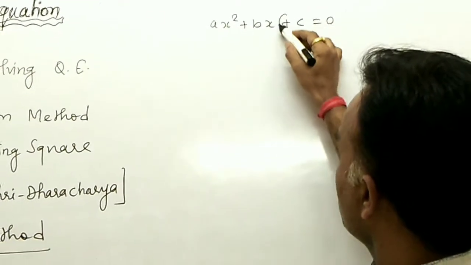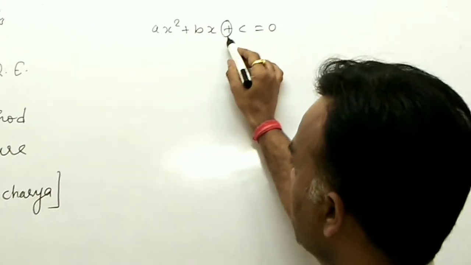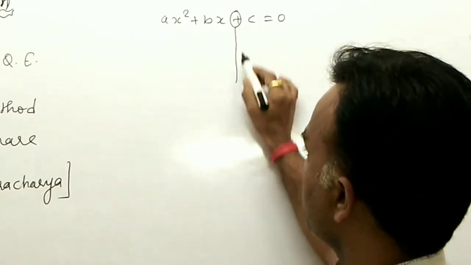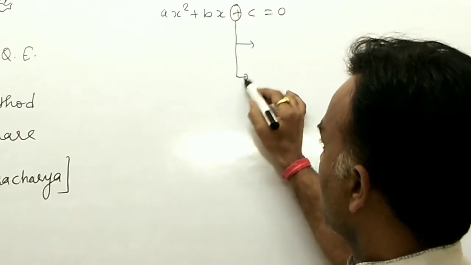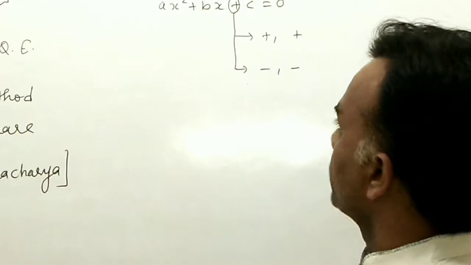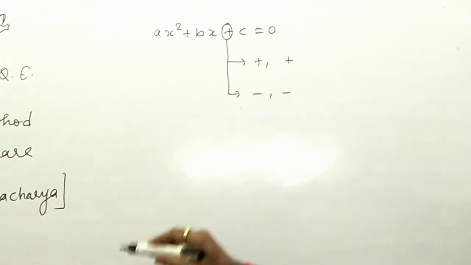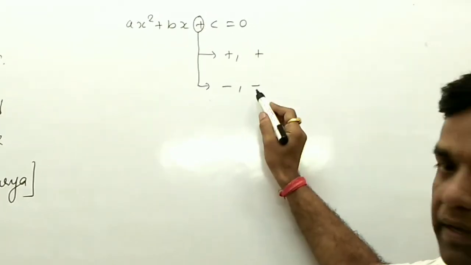Now I want to introduce your constant term c. If a plus sign is given, there are two possibilities: both the factors are positive, or both the factors are negative. If your constant term is positive, then you choose both numbers, b1 and b2, both plus or both minus.